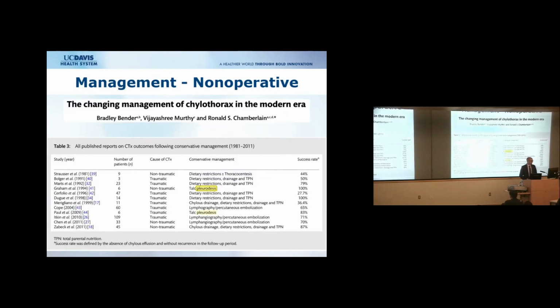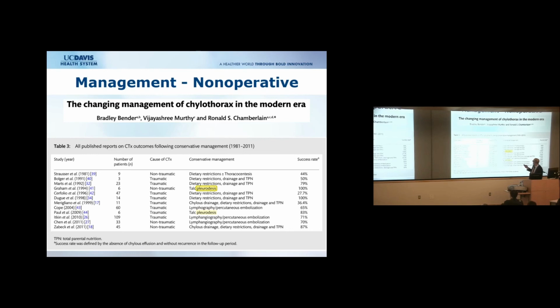This slide is busy, but this is all the published reports between 1981 and 2011 that outline the management of chylothorax as far as conservative management is concerned. So none of these patients or patient series underwent surgery. You can see in this column here, these are all the non-traumatic and traumatic series, and then these are what they had done.